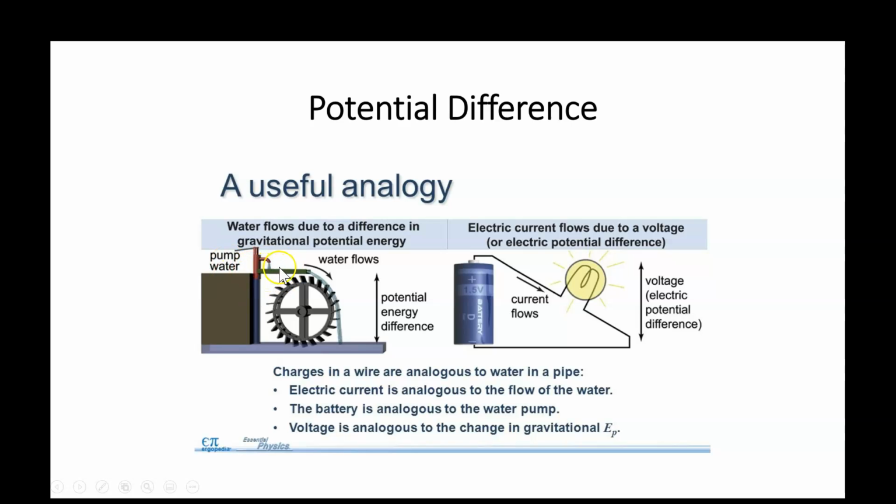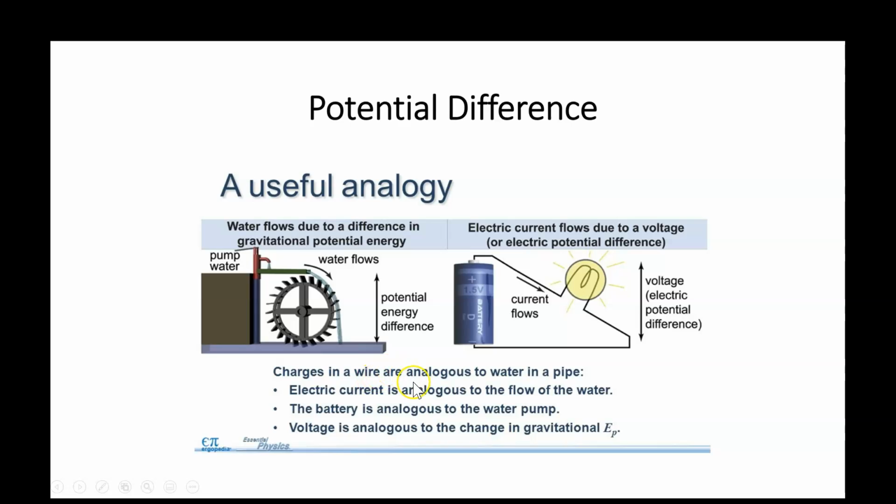When it's allowed to flow, the energy is transferred to this water wheel, which works to transport water.